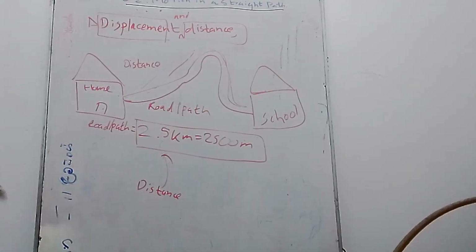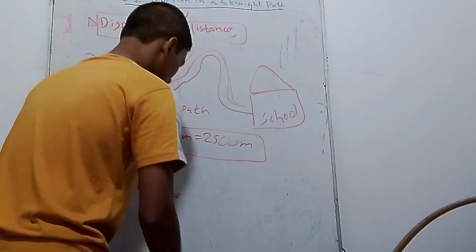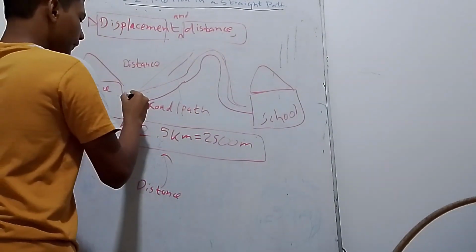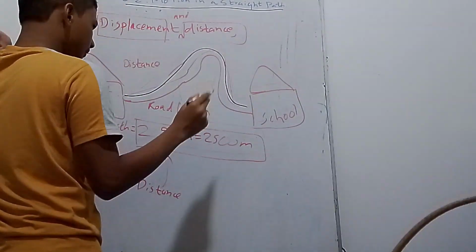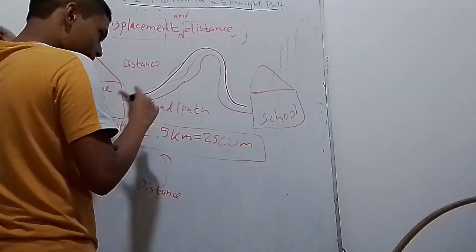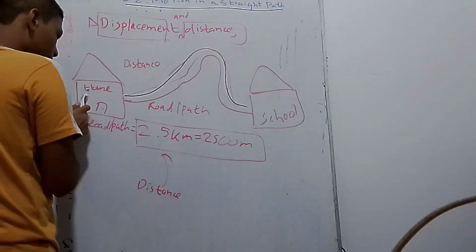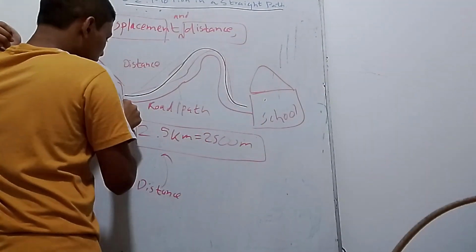So I will now explain what displacement is. As I said before, the length of this whole path is known as distance. Displacement is another thing. Imagine this is your home, imagine this is your school.